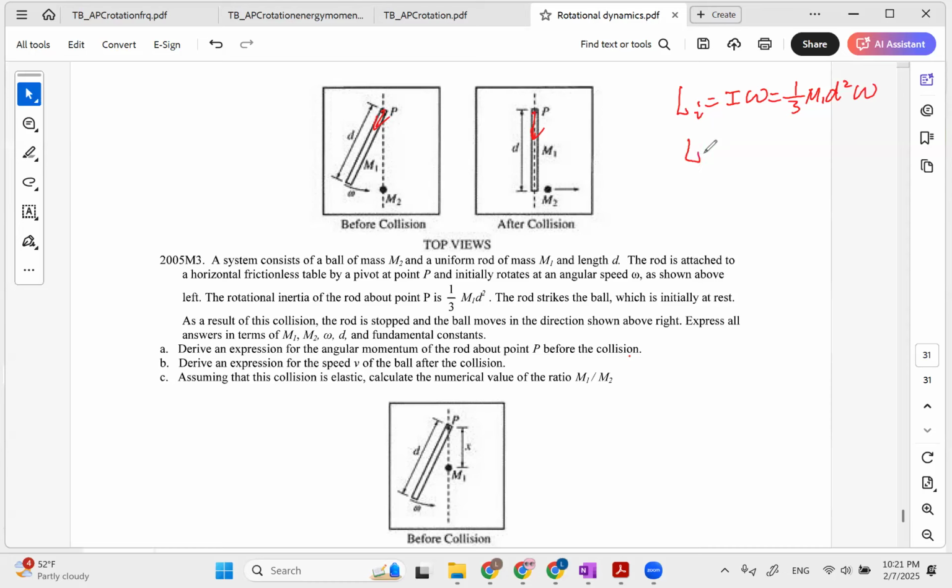And then how do you find B? You use the initial angular momentum equals the final angular momentum, right? So it will be I omega equals d m2 v final.